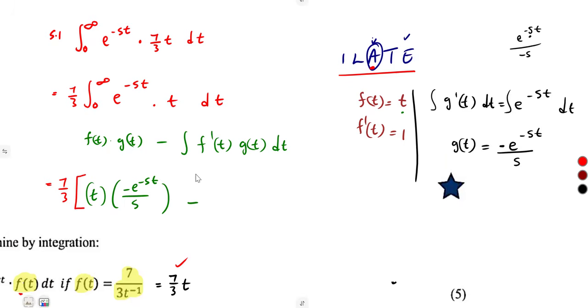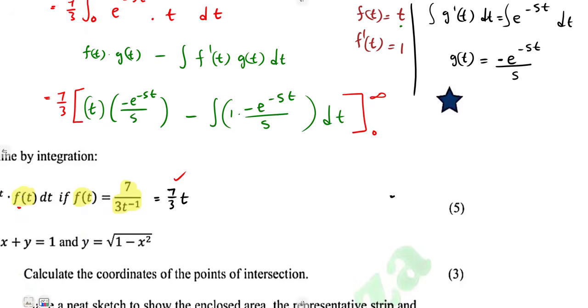Then minus the integral of f prime t, which is simply 1, times negative e to the exponent of minus st over s, integrated with respect to t. And you have our limits, from 0 to infinity.